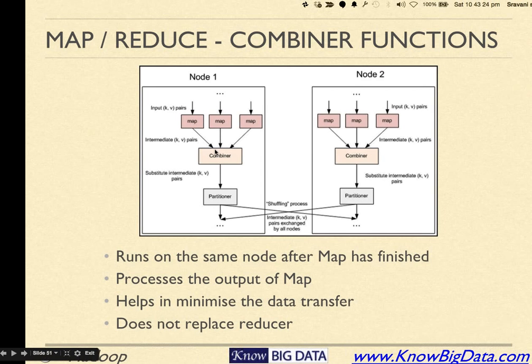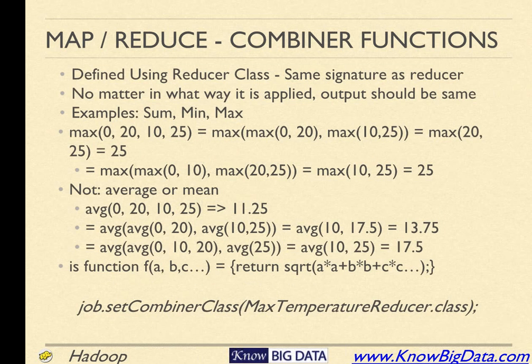So this function converts multiple key values into a single value and so on. It runs on the same node after map has finished, processes the output of map, and helps in minimizing the data transfer, but it does not replace the reducer.